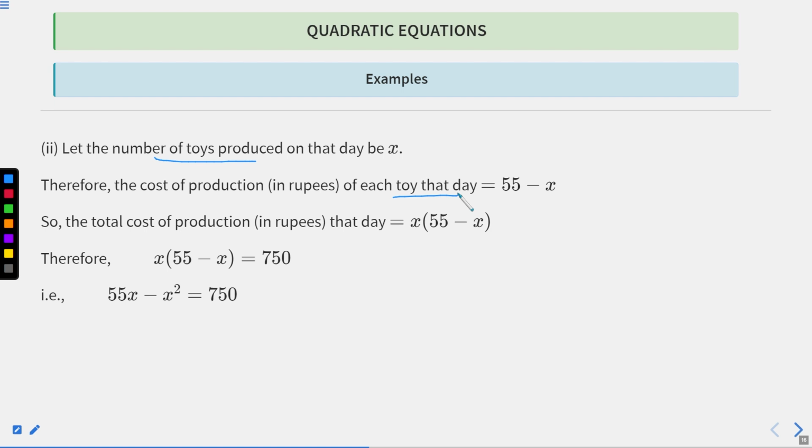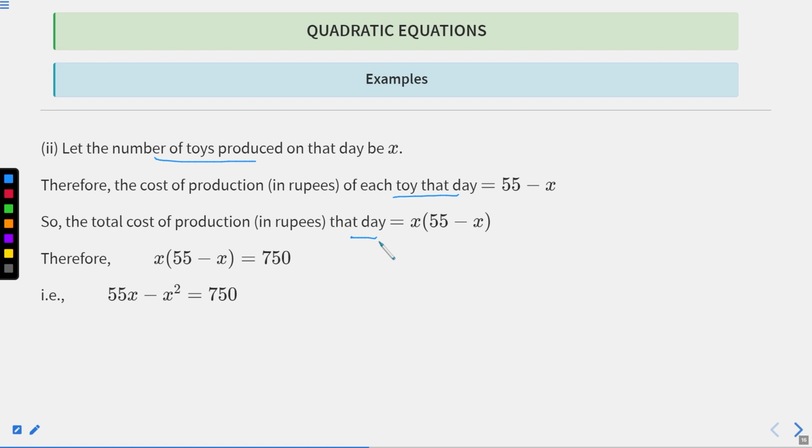So we get this equation: x times (55 minus x) is equal to 750.